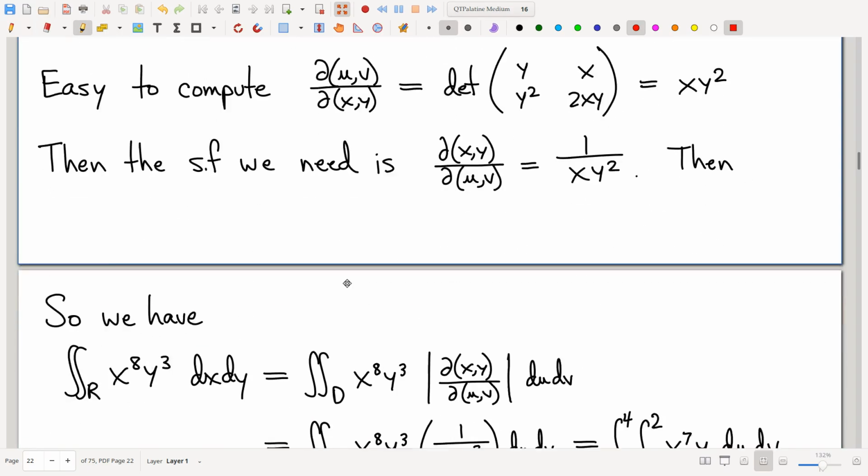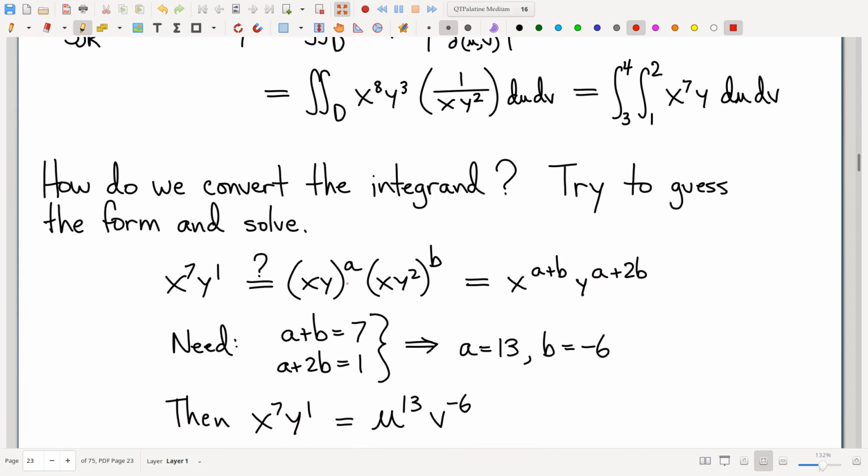And again, if you just take a careful look at what we have here, what is it that I need to rewrite in terms of u and v? I don't need to rewrite x. I don't need to rewrite y. I need to rewrite that whole thing, x to the 7th times y, just that one thing. Once you have your computation done, forget about your original integrand, forget about your stretching factor, you don't need to convert those.